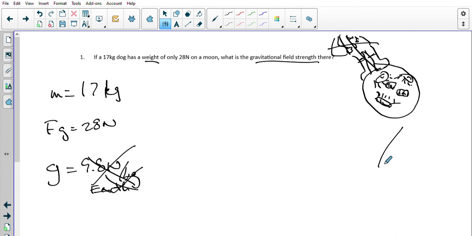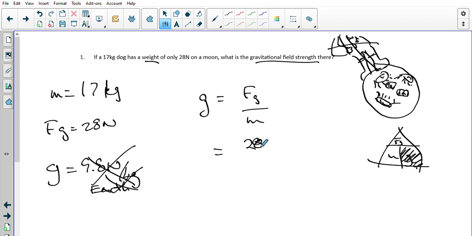All right. So if we come back to this, we have Fg is equal to m times g. So now we're looking for g. So if we cover up g, we can see that g is equal to our force of gravity divided by our mass. Force of gravity on top divided by our mass on the bottom. Our force of gravity then is equal to 28 newtons.